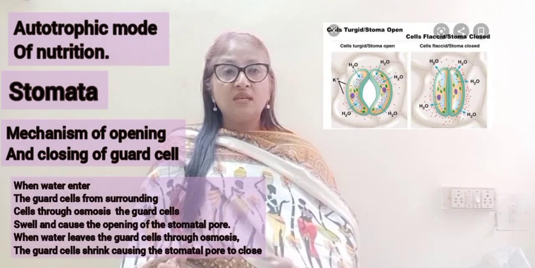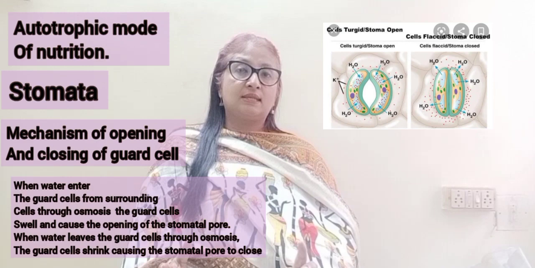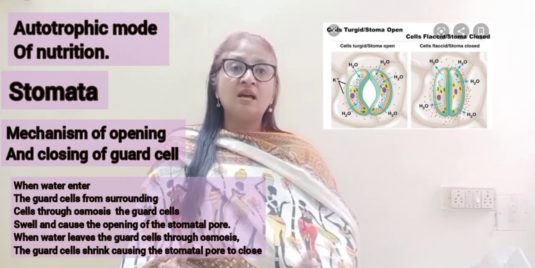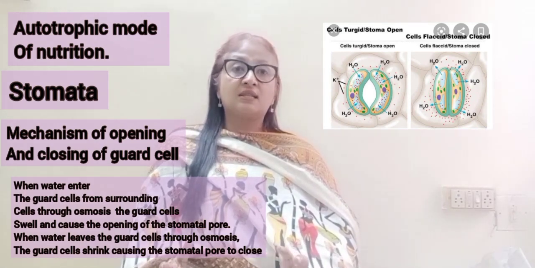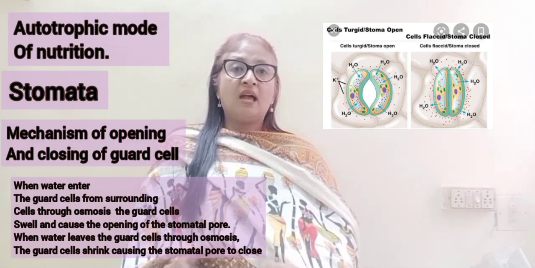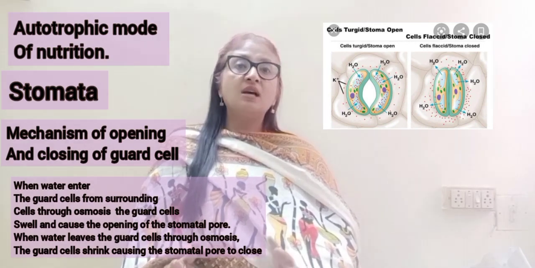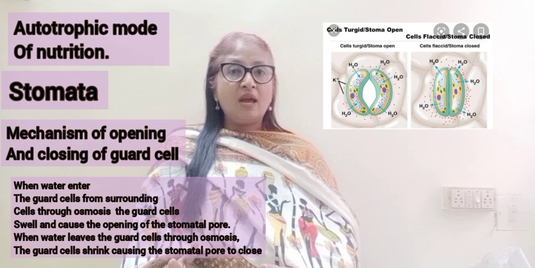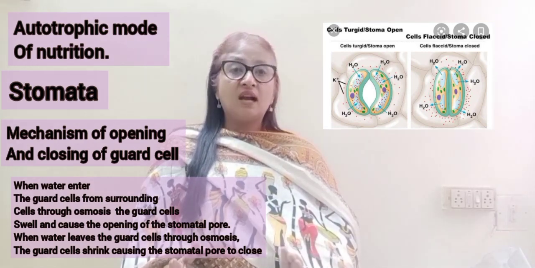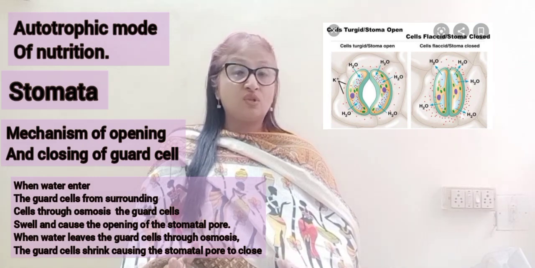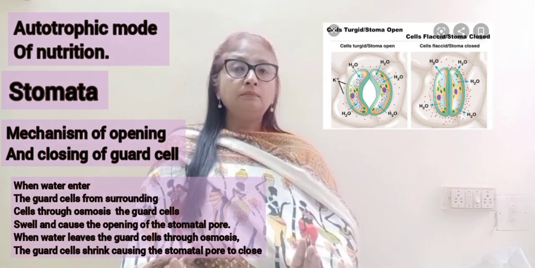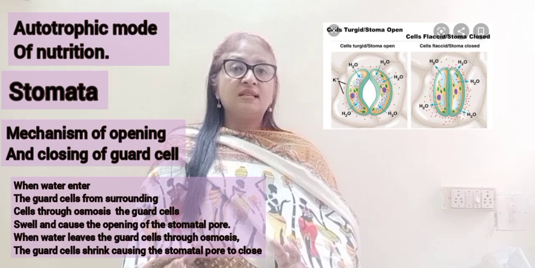When water enters through osmosis into the guard cells from the surrounding cells, the guard cells swell or become turgid and cause the opening of the stomatal pore. When water leaves the guard cells through osmosis, the guard cells shrink.